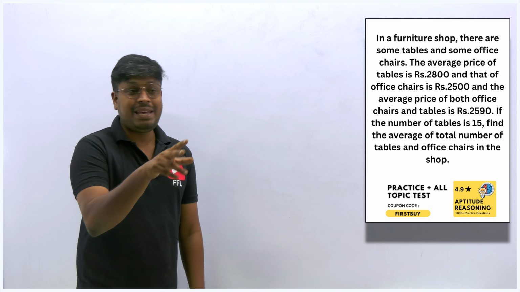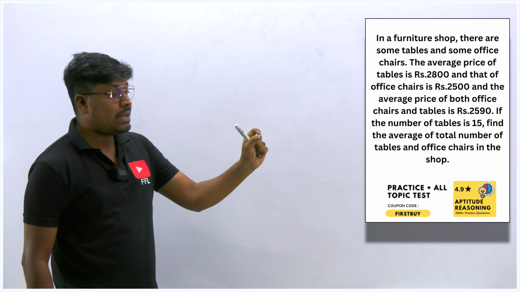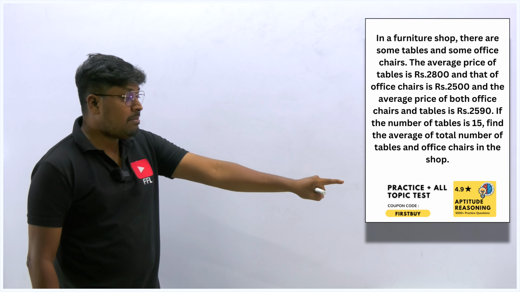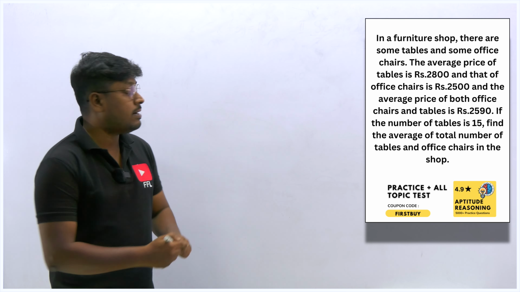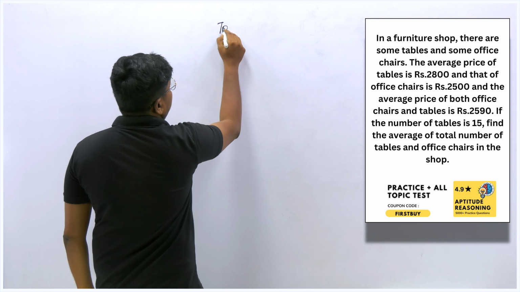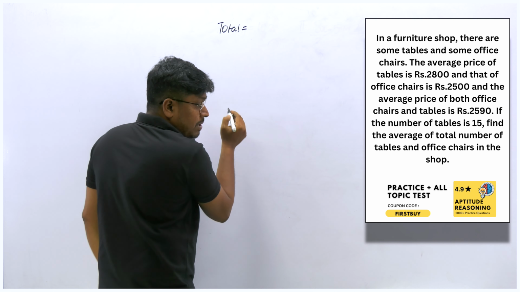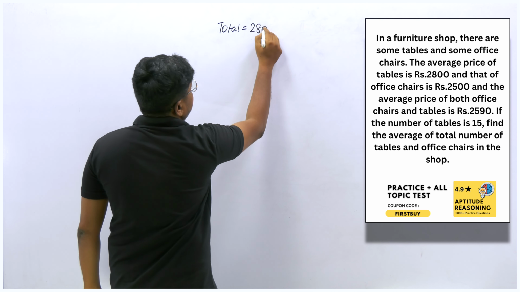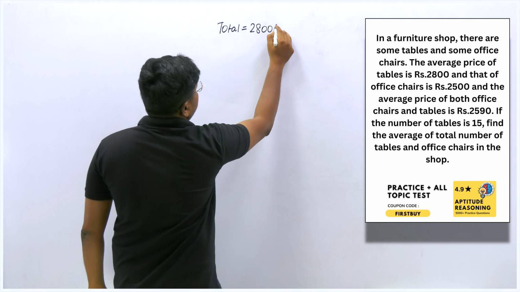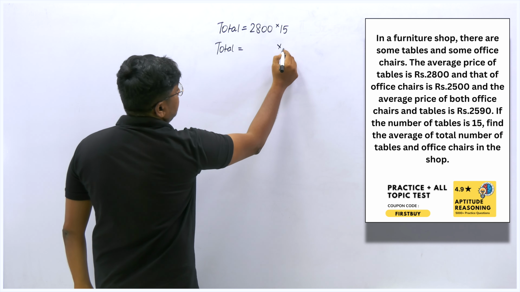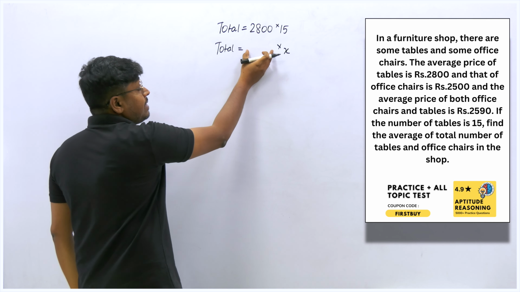Now, we know there are 15 tables, and the average of the tables is 2800. So the total cost will be 2800 into 15. This will be the total cost of the tables. Now, the total number of chairs was not given, so we say it is X, but they have given the average.